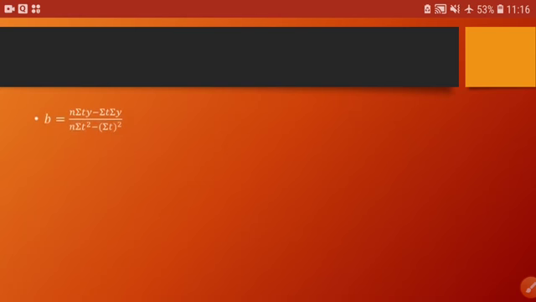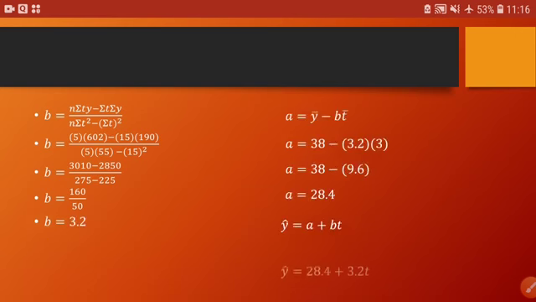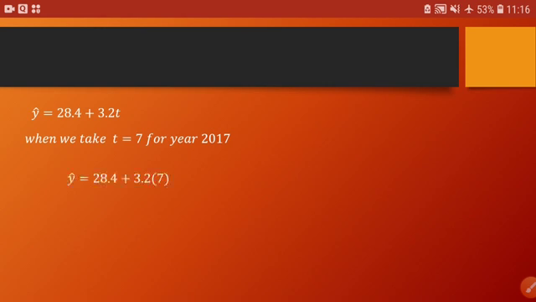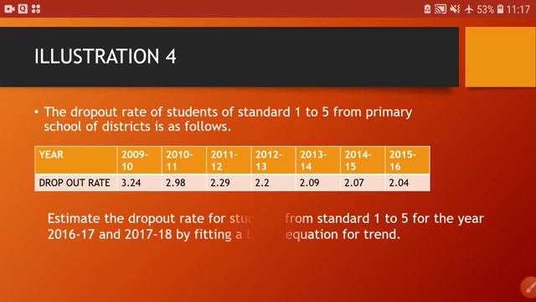Then first you need to find b, then a, then y cap, and you have to put the value of t given in the question into the equation you solved, and you will get the answer. So this illustration we have completed.